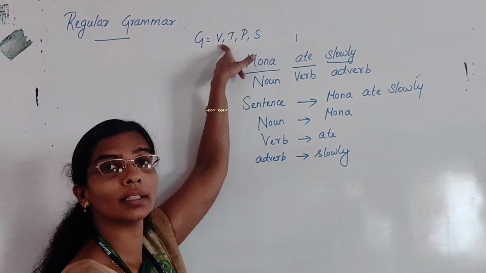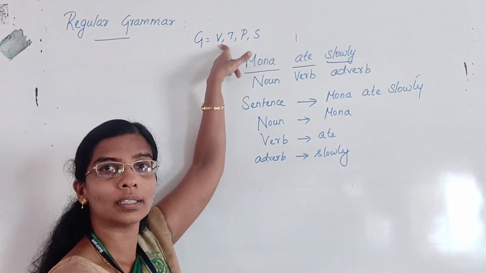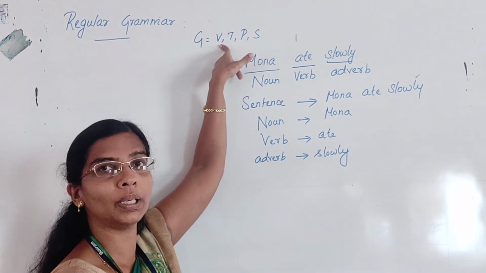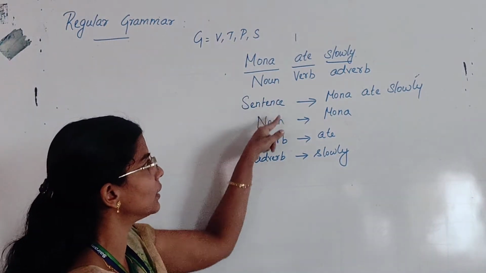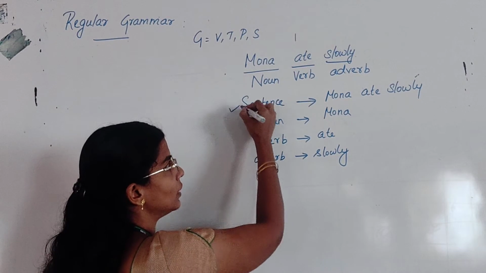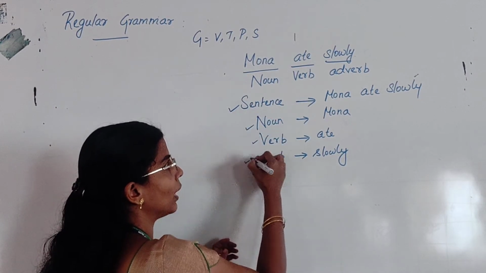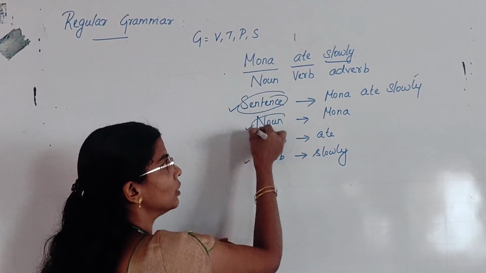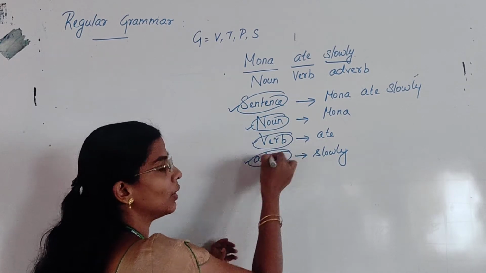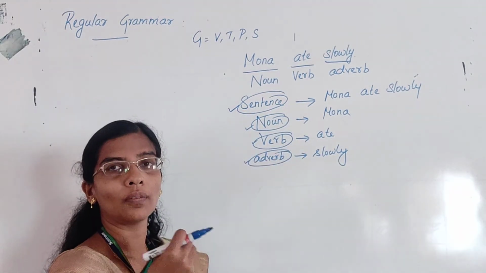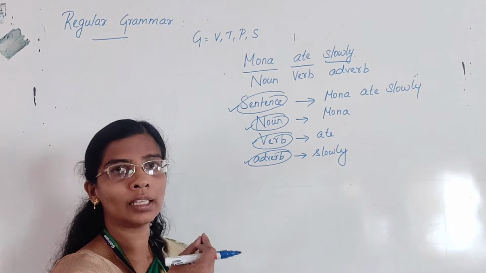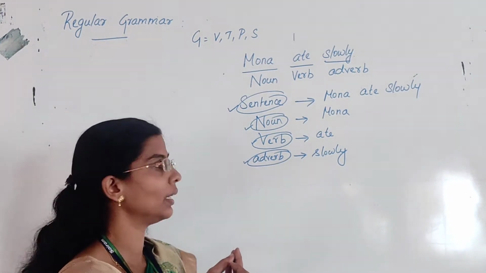Coming to these tuples, first I said it is variable. I can say it is variable or non-terminals. These things, your sentence, noun, verb, and adverb, are known as variables, or non-terminals.